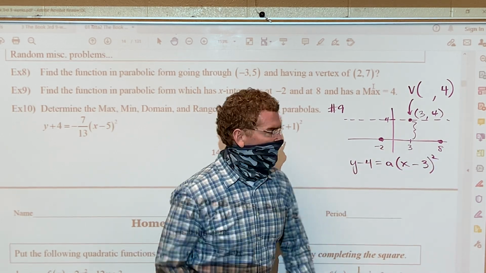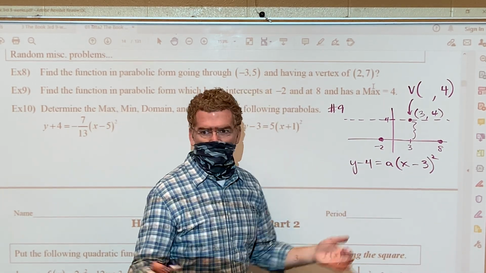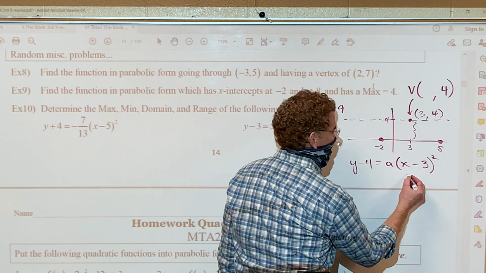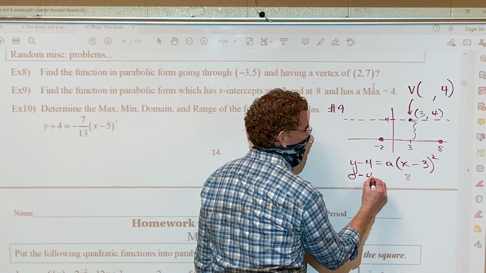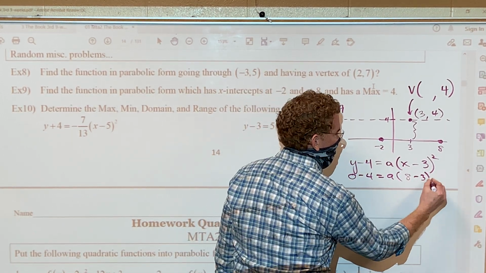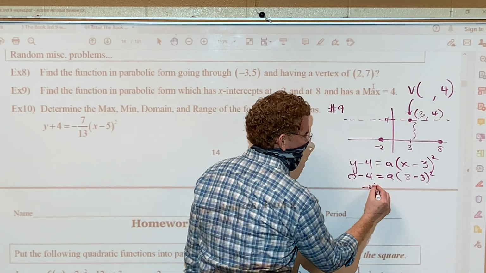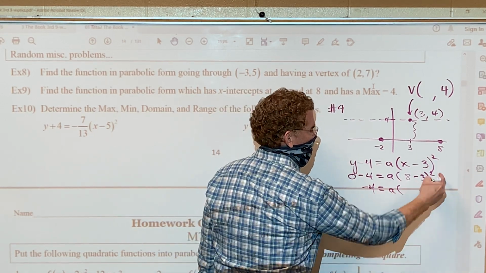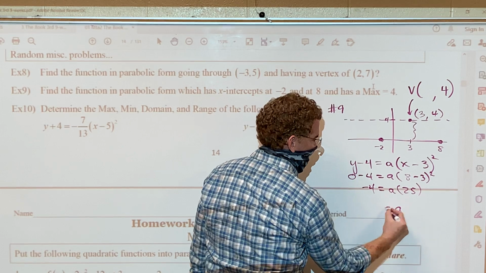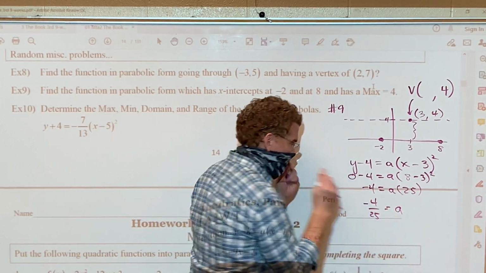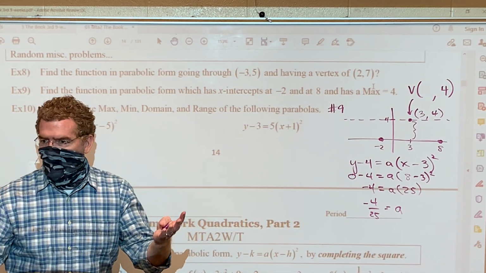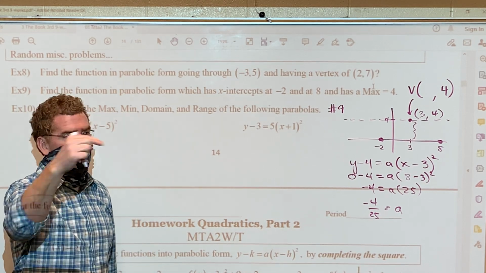Your choice. I kind of like 8, 0 because there's no negative there. If I plug an 8 there and a 0 there, I get -4. 5 squared is 25, so a is -4/25. And it does the math for me. It gave me the a. Oh, it was negative, sure enough.